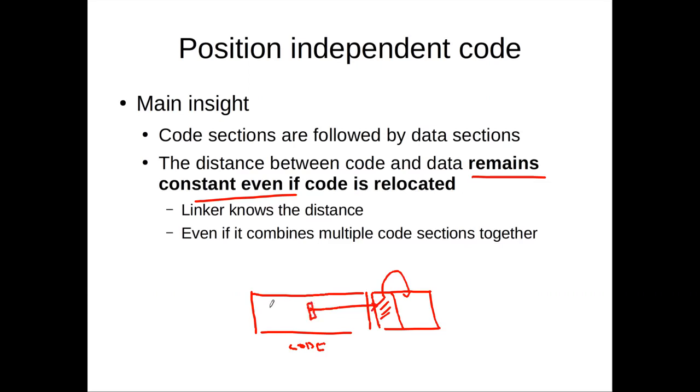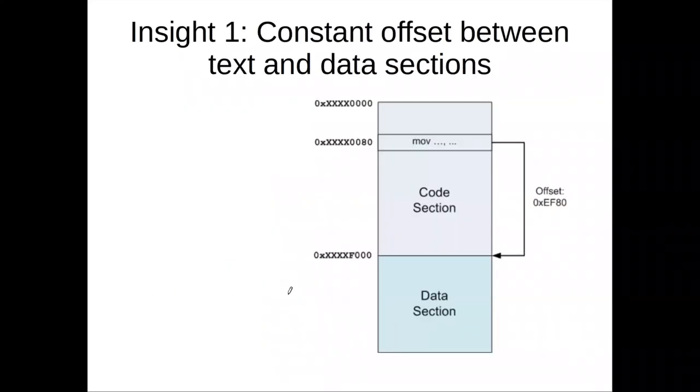From this location in code, it's one distance, and from that location in code, it's a different distance. But even if you move the whole thing up and down in the address space, it doesn't change. Both this delta 1 and delta 2 stay the same, because they're moving together. Okay, so this is what we'll be doing.